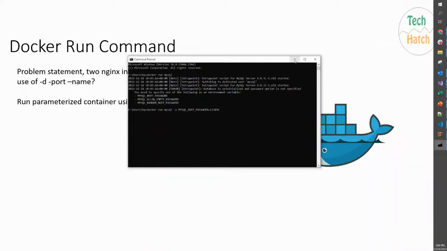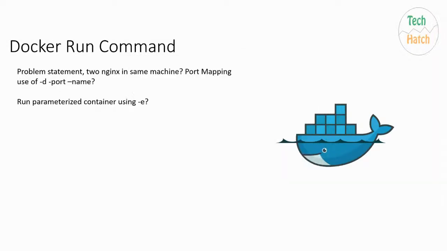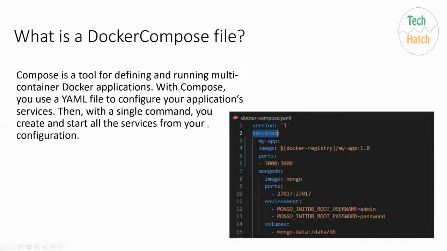Now we can move into the main thing, which is how we can create the Docker Compose, or what actually the Docker Compose file is. This slide shows us that Compose is a tool for defining and running multiple containers. With Compose, you use a YAML file to configure your application services. Then with a single command, you can create and start all of your services from your configuration.